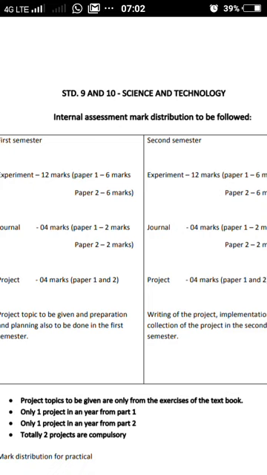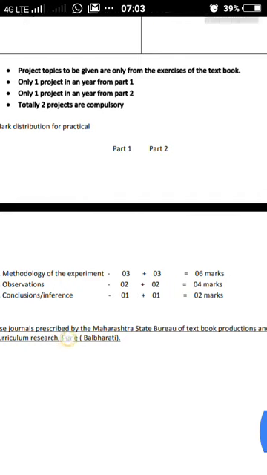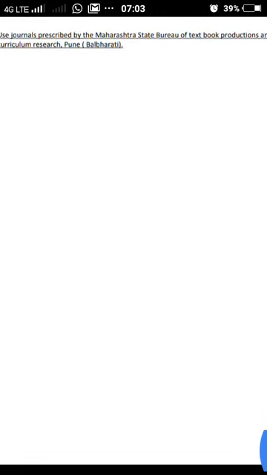Now 2 marks for journal in science 1 and 2 marks for journal in science 2. 2 marks for activity in science 1, 2 marks for activity in science 2. So 6 plus 2 plus 2, 10 marks in science 1, 6 plus 2 plus 2, 10 marks in science 2, together 20 marks. So 40 plus 40 plus 20 is a total of 100. So this is about the 100 marks of science and technology.